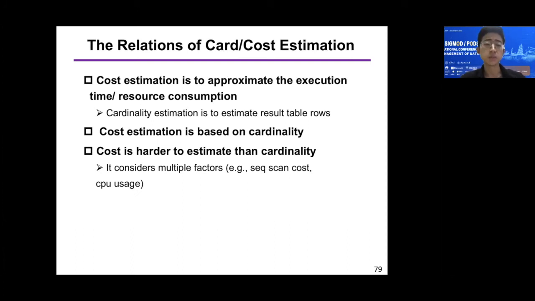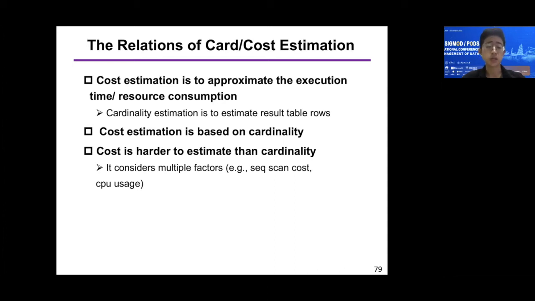Another important problem is cost estimation. So what's the difference from cardinality estimation? First, cost estimation is to approximate the execution time or resource consumption, whereas cardinality only concerns the result size. And cost estimation is also based on cardinality in traditional database optimizers.